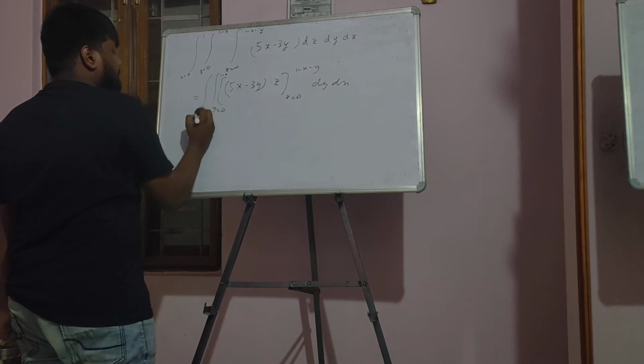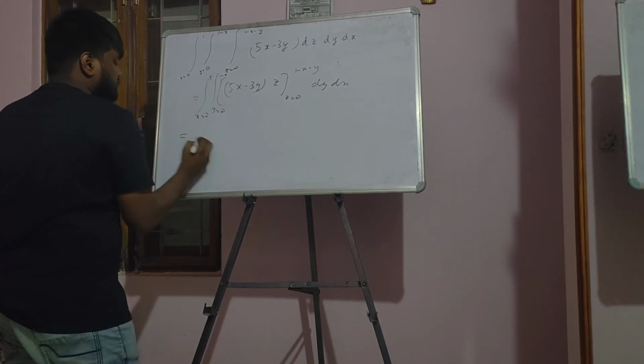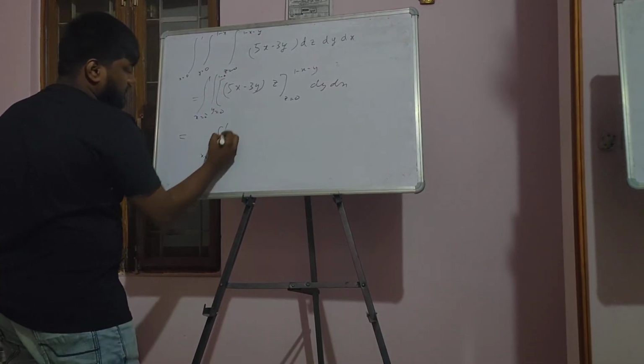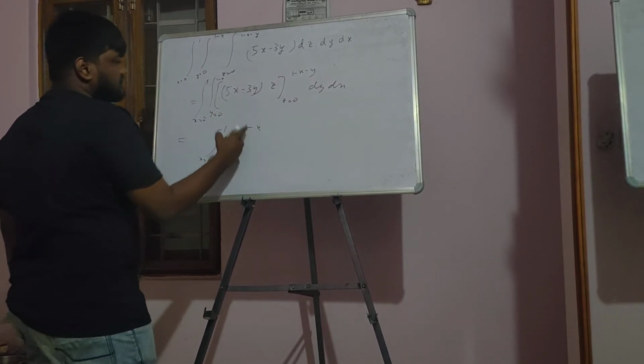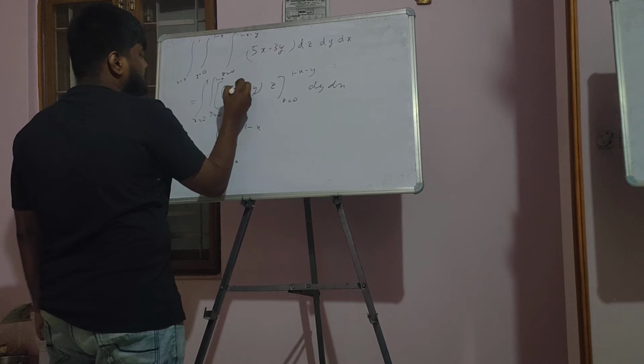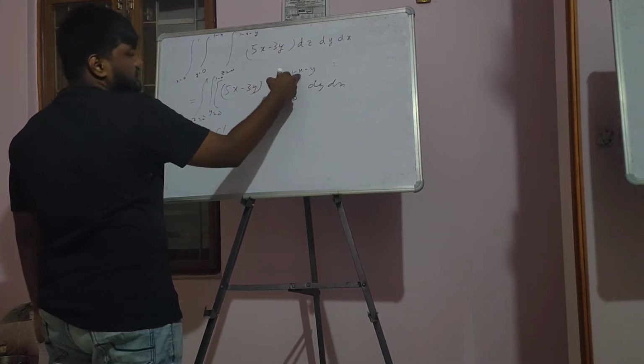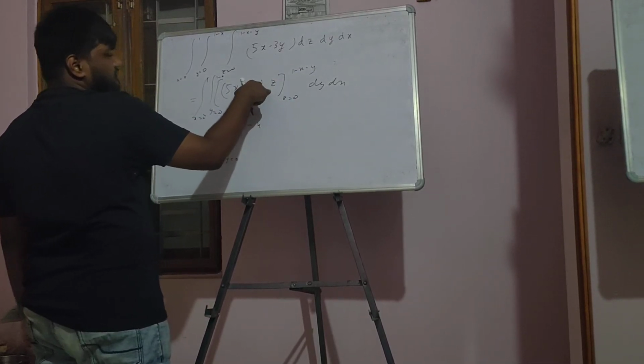So this is equal to the integral with x going from 0 to 1, y going from 0 to 1 minus x, and we substitute z equal to 1 minus x minus y in this case.